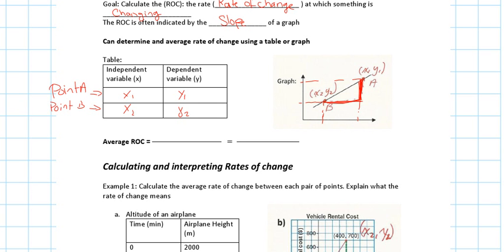So to find the slope, or the average rate of change, we do the rise over run, or in other words, we do y2 minus y1 over x2 minus x1. So the difference in the y versus the difference in the x.